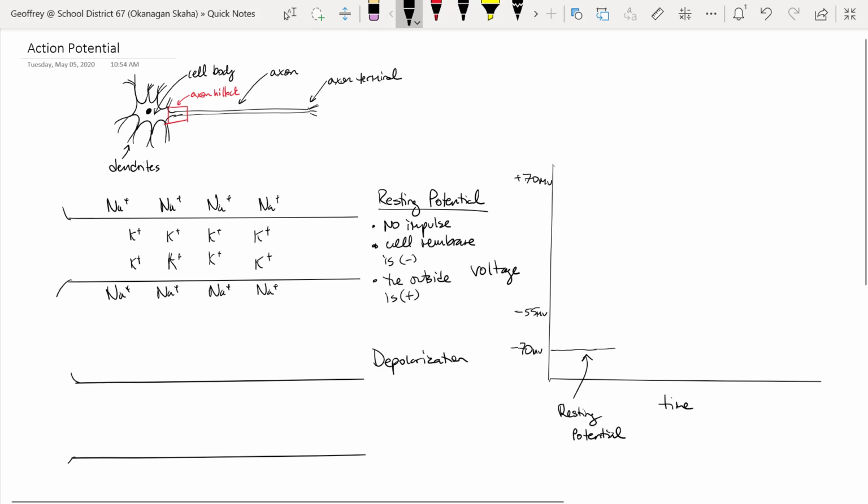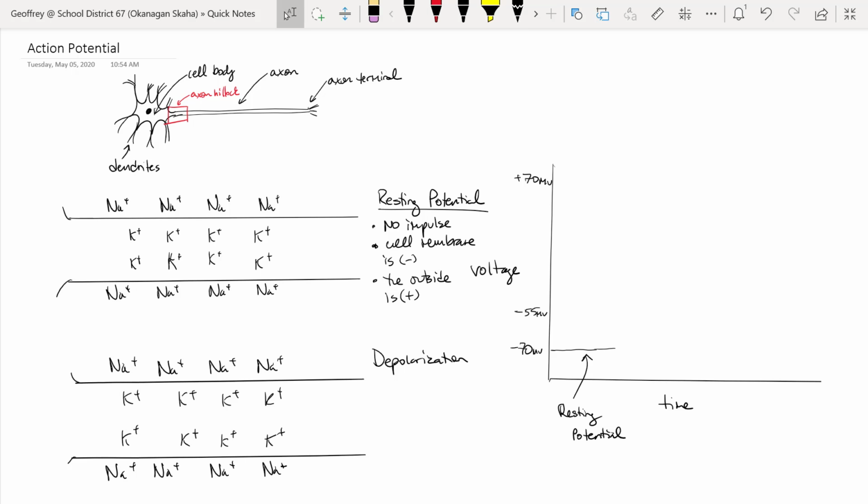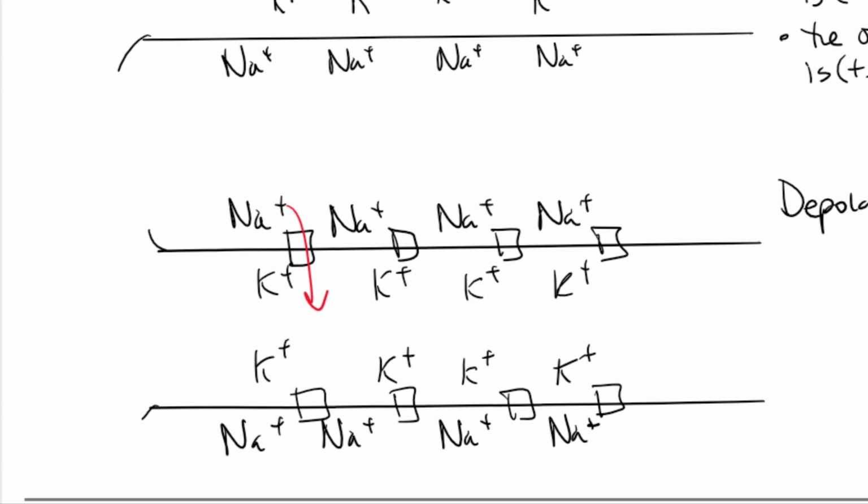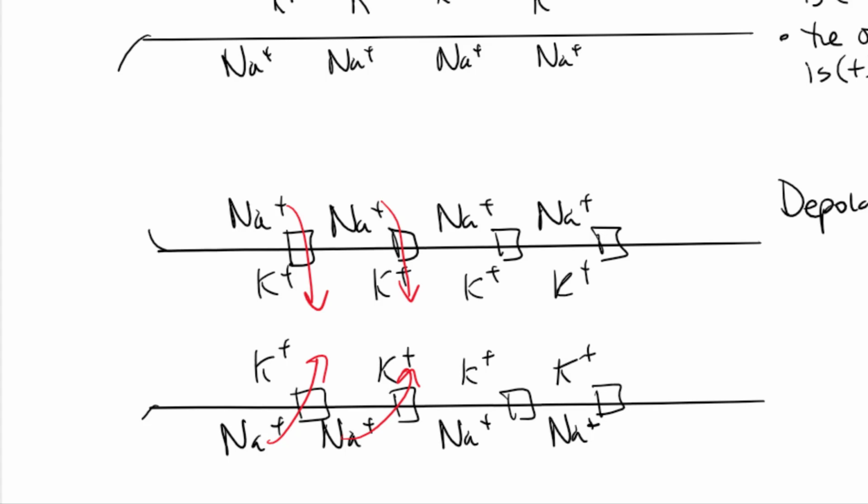Now, all our sodium is on the outside, and our potassium is still on the inside. During depolarization, the voltage-gated sodium channels, so when there's enough stimulation, this causes a voltage change, and this causes sodium to rush in through these voltage-gated sodium channels.